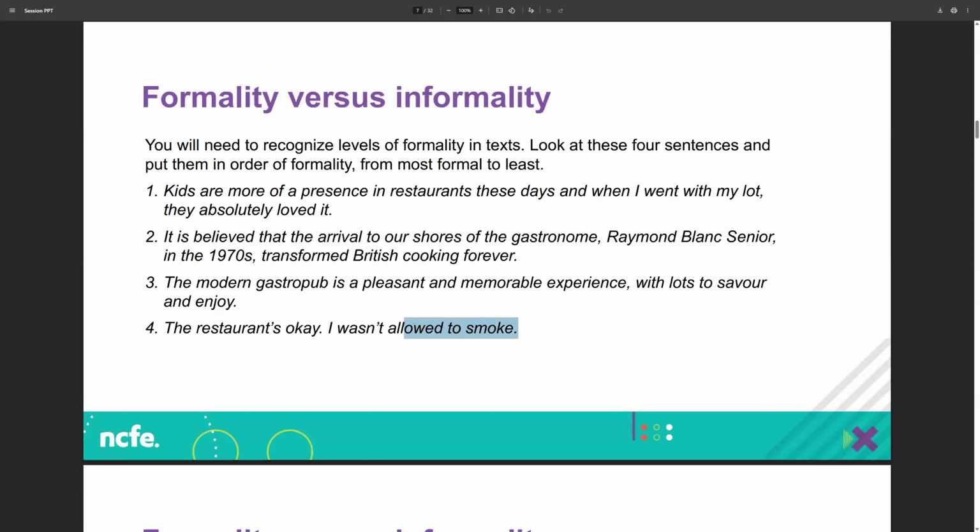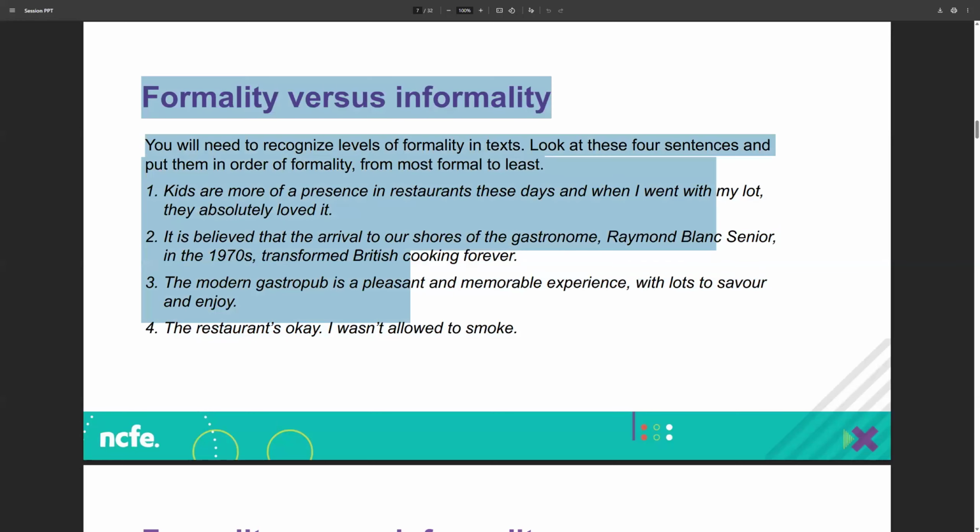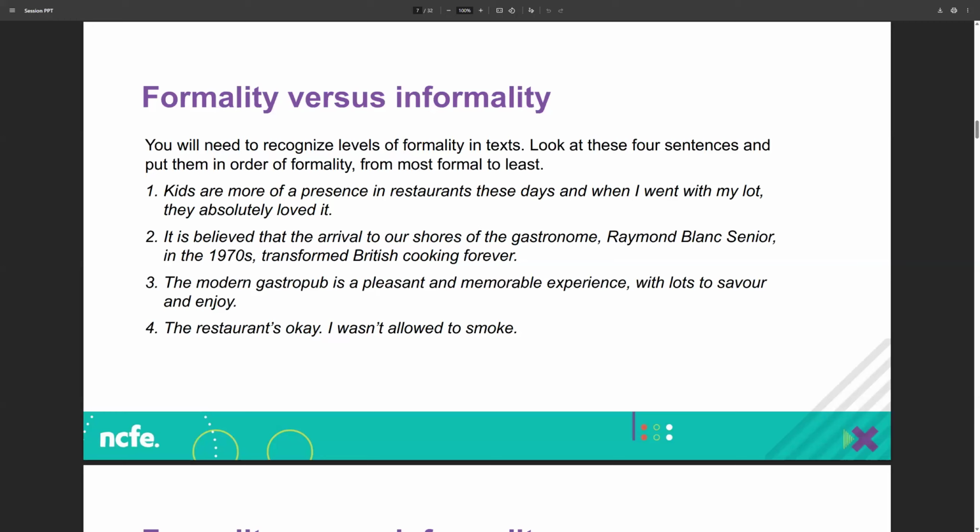It's the least formal because okay is not formal language. Wasn't is not formal language. You'd say I was not, right? It would be the restaurant is okay. Then I would say second least formal is kids are more of a presence in restaurants these days, and when I went with my lot, they absolutely loved it.